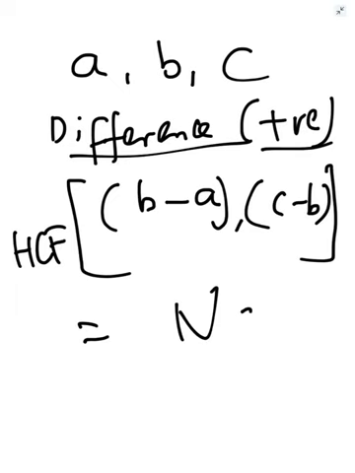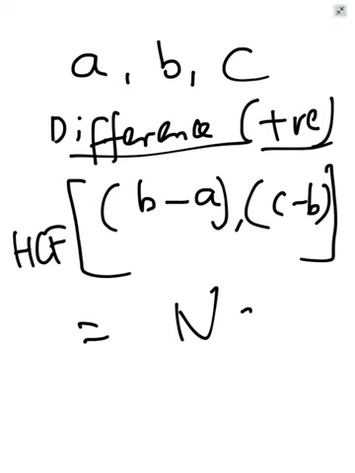Is it clear? You are given three numbers, so you have to take two differences. Suppose B minus A and C minus B. I can take C minus A also. That will give you the same answer. But take any two differences and take the HCF of those differences.